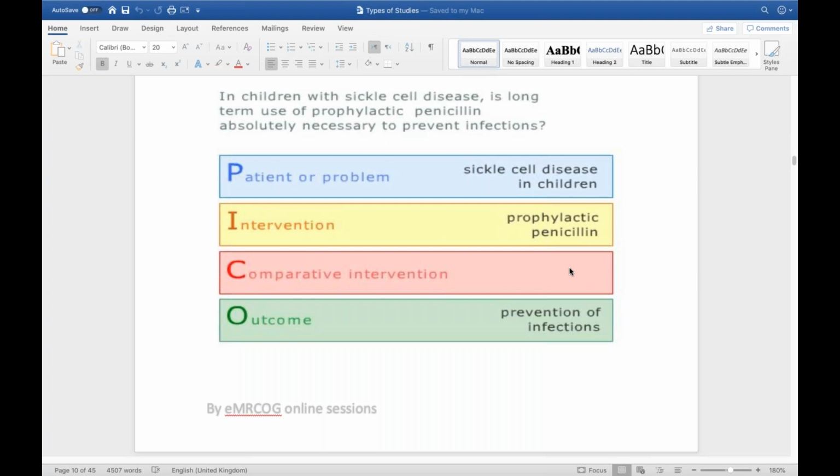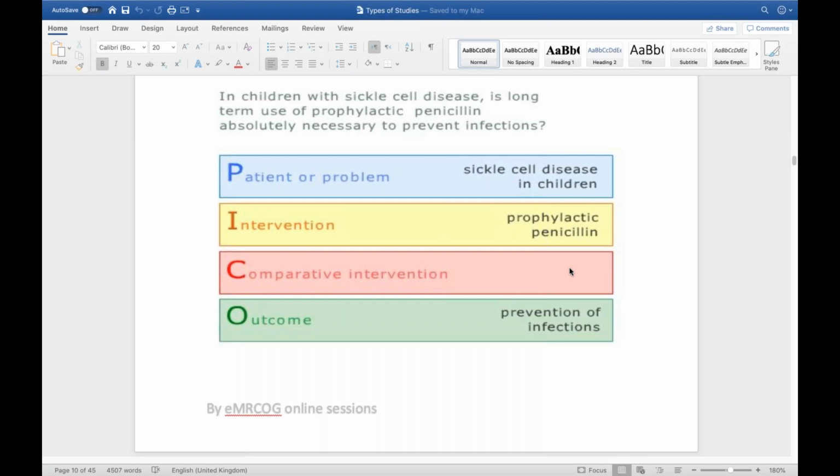Most of the studies are double blinded. Some studies are triple blinded, and some studies you cannot blind patients. If you're comparing chemotherapy versus surgery, how are you going to blind the surgeon or the patient? Because you're comparing medicine versus surgery, so the patient will know that he has surgery.